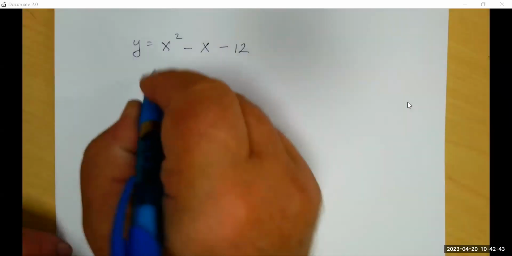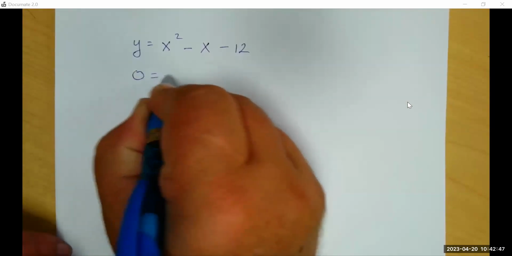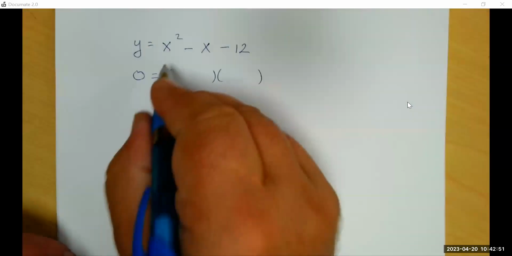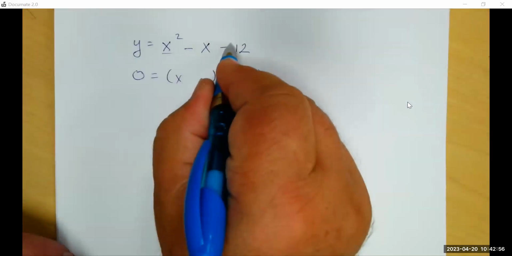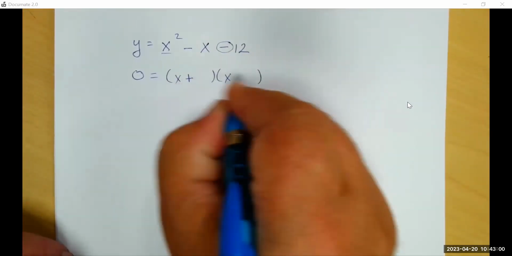Yeah. All right, so first thing you do when you're solving, set y equal to 0 and factor the equation. X squared, x times x. The second sign is a minus. That tells us that they're opposite signs.